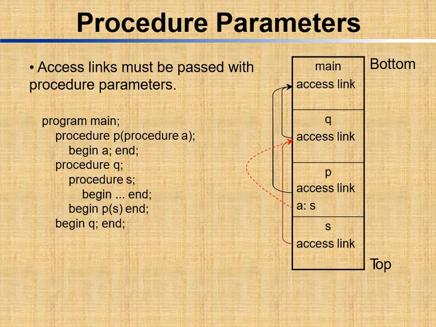After that, here is another example: suppose access links must be passed with a procedure parameter. Suppose we have a main program with procedure p and procedure q, and inside q we have s. We call the p procedure inside q, and the q procedure is called from main.